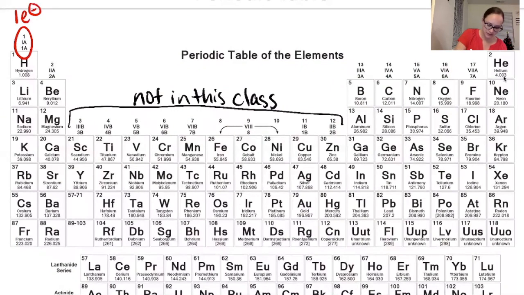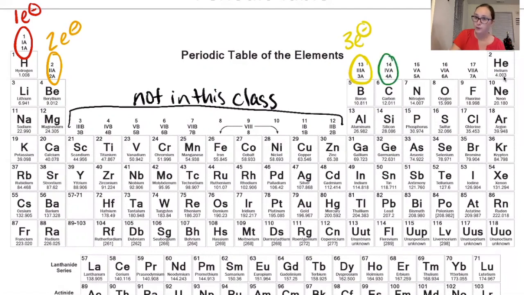Group 2, or 2A, has 2 valence electrons. Group 3 over here has 3 valence electrons. And then we keep going. So 4 is going to have 4 valence electrons, or 14. So 4, 14, or 4A will all have 4 valence electrons.